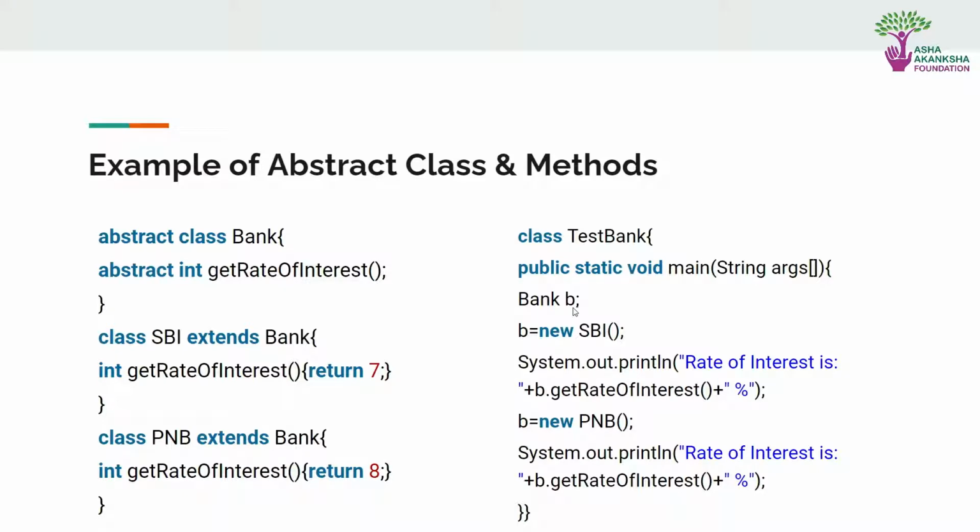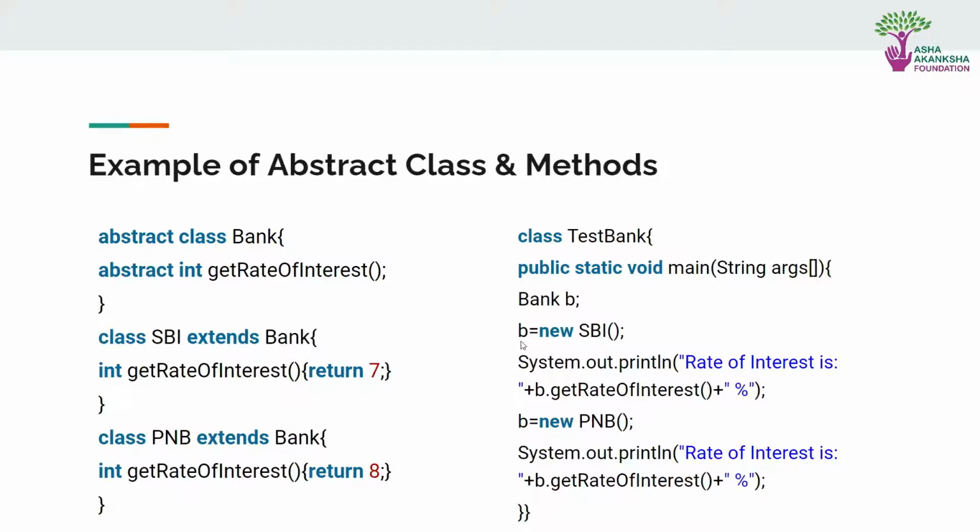But keep in mind we cannot do b is equal to new Bank, but we can do b is equal to new SBI, because SBI is not an abstract class. If we try to do b is equal to new Bank, then we get the error I just showed you.